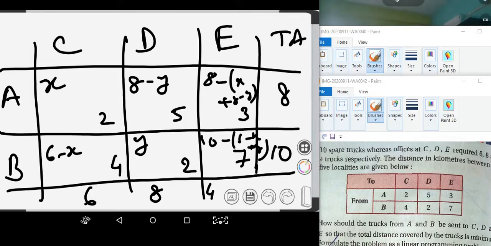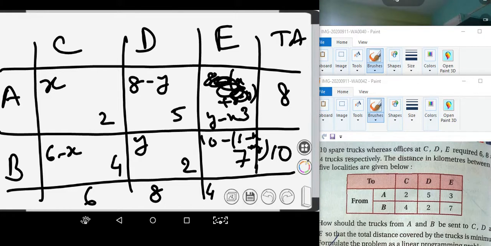So that means it is y minus x. So this simply becomes y minus x, and the lower one becomes 10 minus 6 plus x minus y.